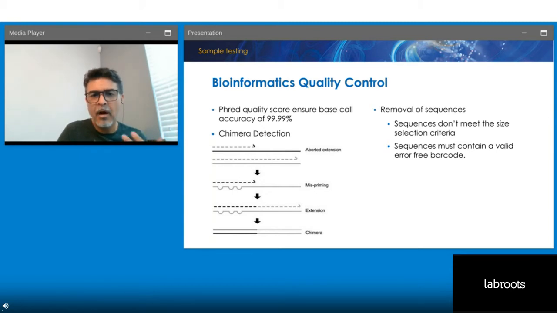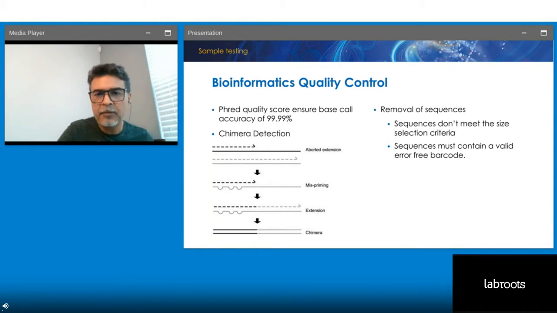These chimera are detected before assigning organisms to avoid errors. So chimera detection is important to remove false positive organisms and to provide accurate assignment of genus and also species to the organisms that are detected.